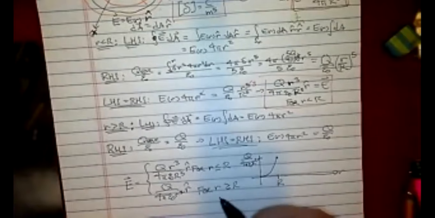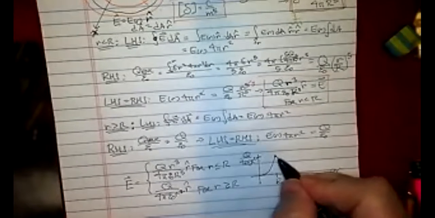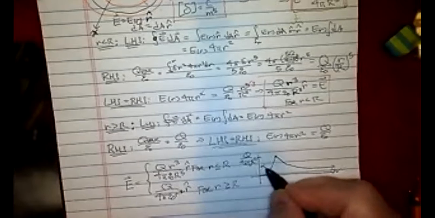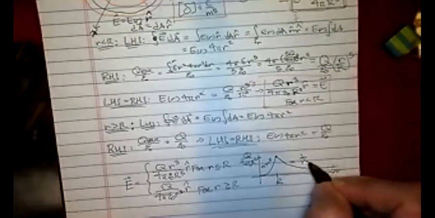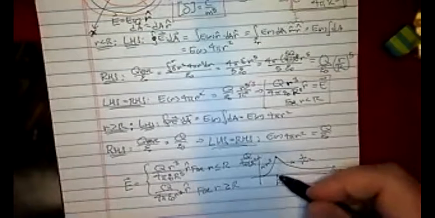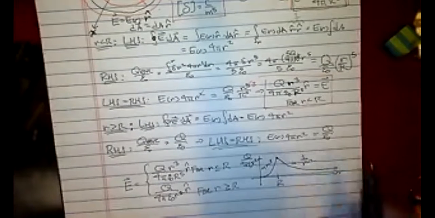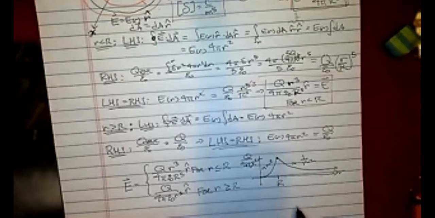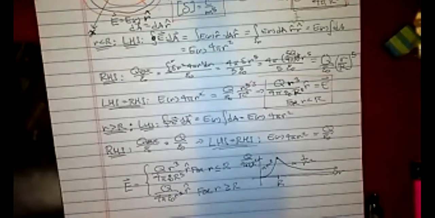And then for r greater than big R, it's going to fall off like 1 over r squared, which does this. So this side is proportional to r cubed, and this side is proportional to 1 over r squared. And you'd see, in fact, the maximum electric field occurs right at the surface, and that value would be Q over 4 pi epsilon naught R squared. So this is the answer to part C.